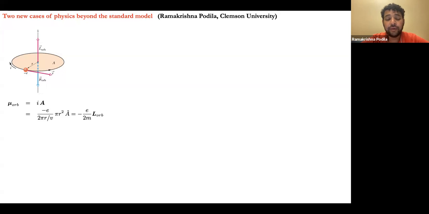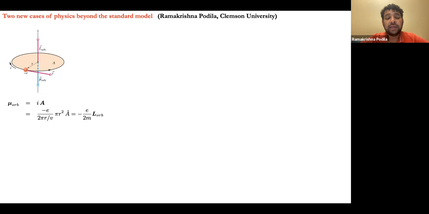And if you calculate the magnetic moment of this charge going around in a current carrying loop, you can write the magnetic moment as I times A, where A is the area. Here they're bolded because we're depicting both as vectors.